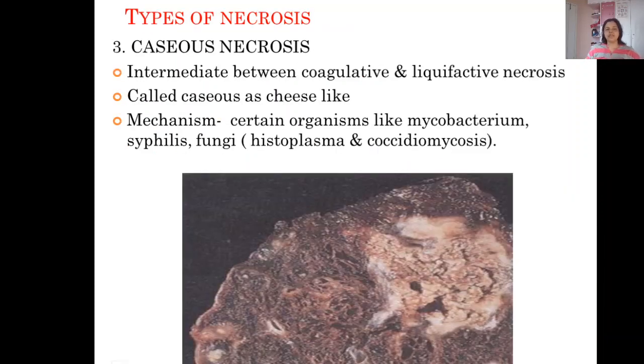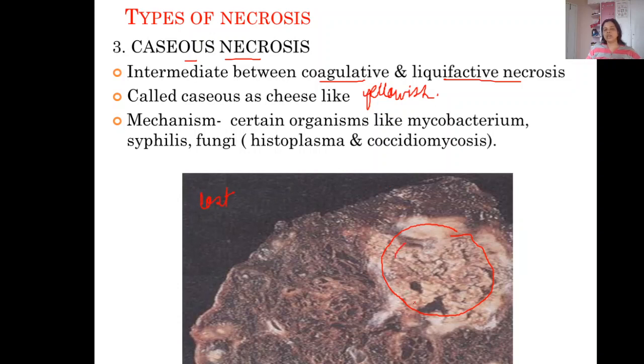Moving ahead, we have the third type of necrosis, that is caseous necrosis. This is intermediate between coagulative and liquefactive necrosis. This is called caseous because the tissue becomes cheese-like, that is it becomes yellowish and friable. In this, the tissue architecture is completely lost.